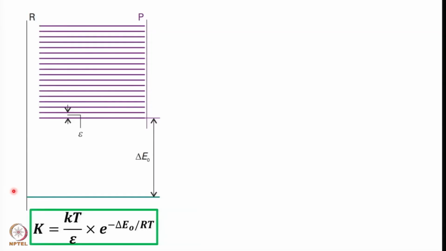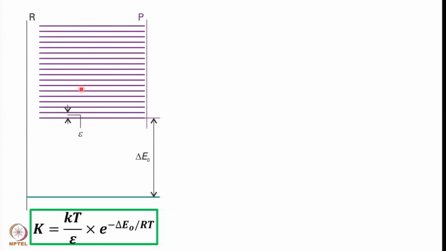In the previous lecture, we were discussing a special case where the reactants have only one ground state available and the product P has energy states which are like a uniform ladder of energy levels.